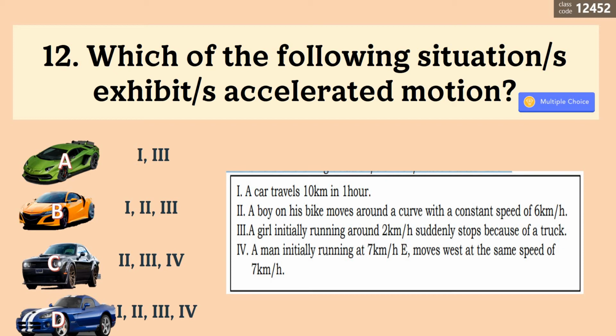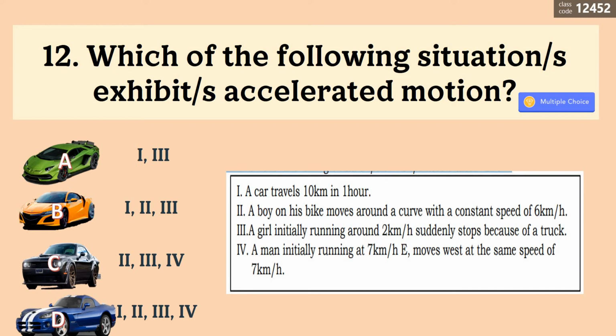1. A car travels 10 km in 1 hour. 2. A boy on his bike moves around a curve with a constant speed of 6 km per hour. 3. A girl initially running around 2 km per hour suddenly stops because of a truck. Or 4.